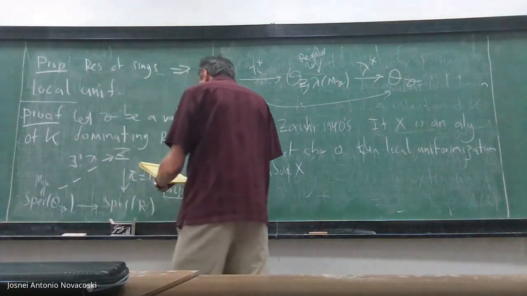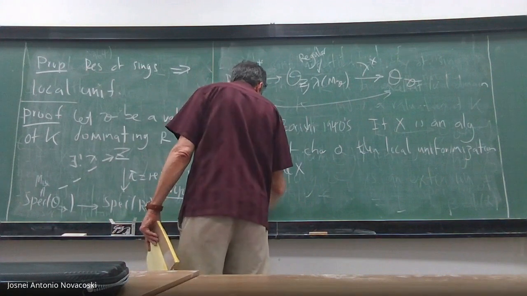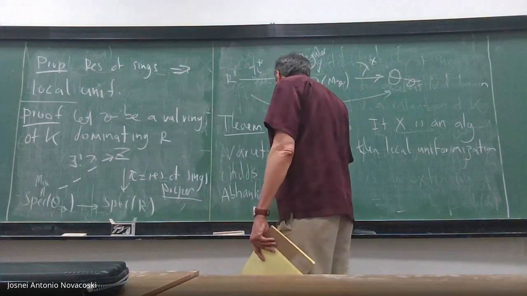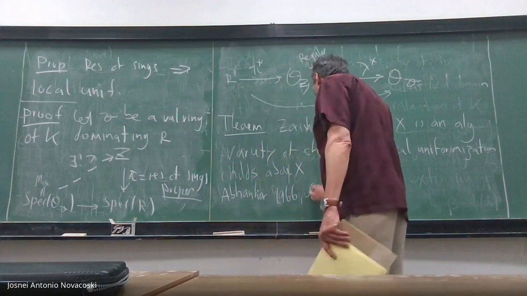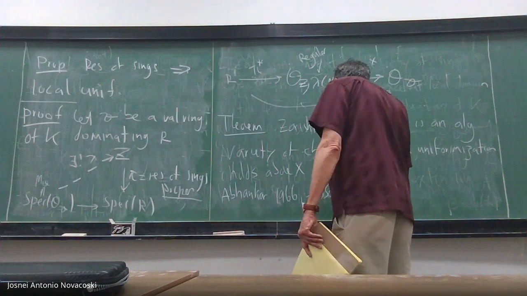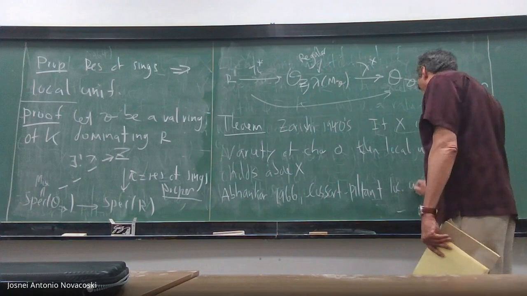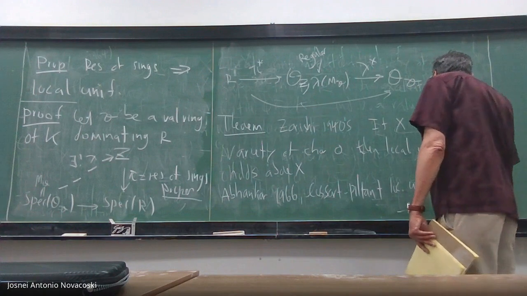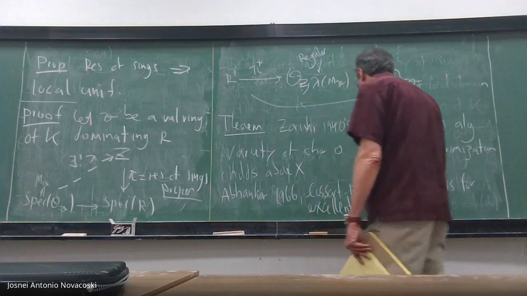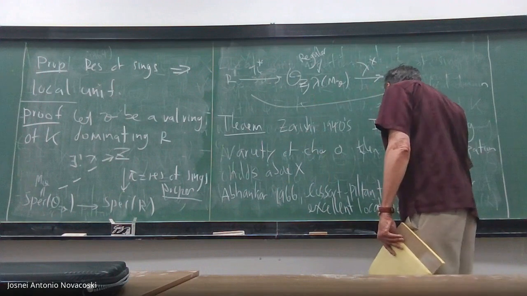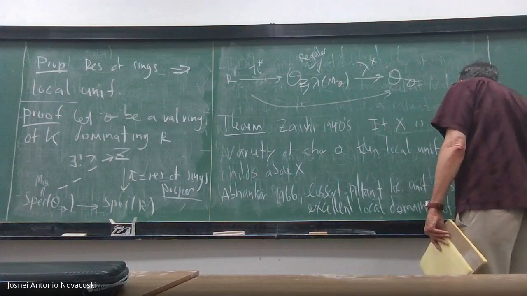And then also from Abhyankar, maybe in 1966, and Cossart and Piltant within the last few years, local uniformization holds for excellent local domains, at least reduced schemes of dimension less than or equal to 3.